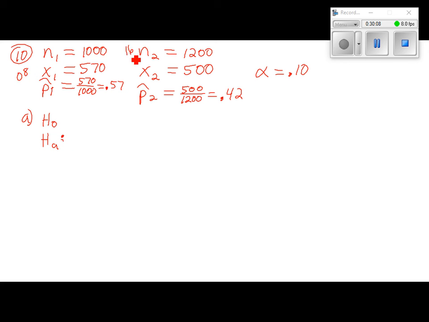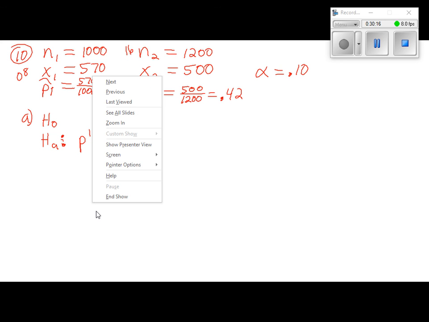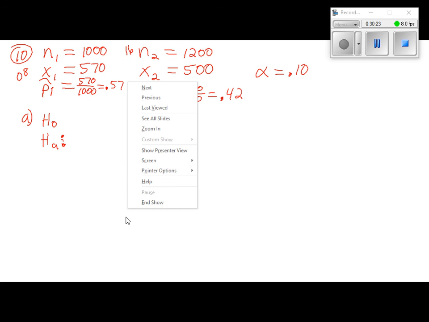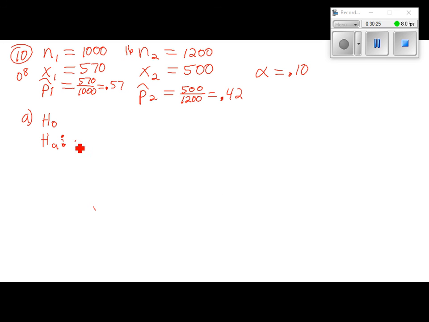So we're saying the claim is that our P1 is less than our P2.